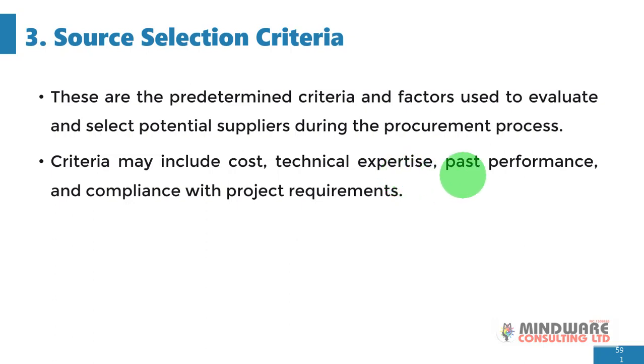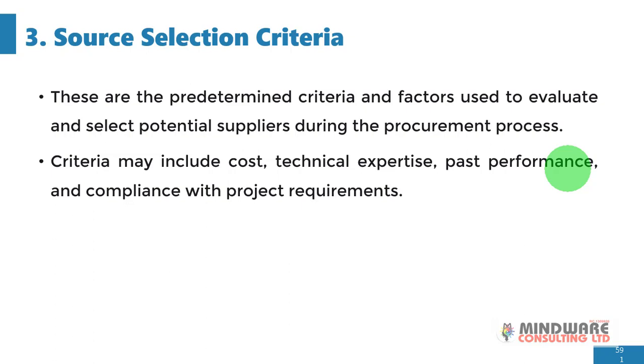All right, past performance: you're going to look at what they have done in the past, which organizations they have worked with, which projects they have supplied for, and how they performed. You could even get contacts from those organizations.